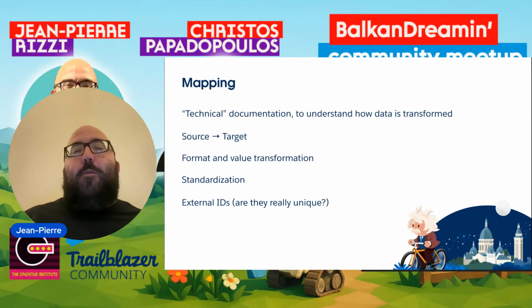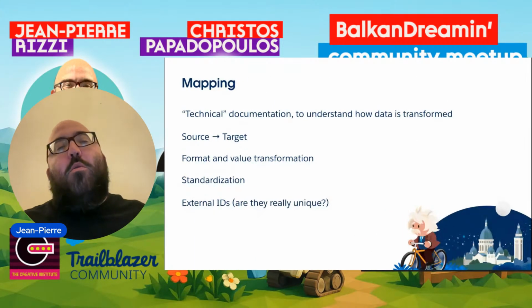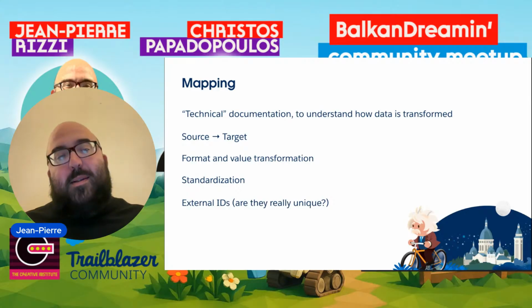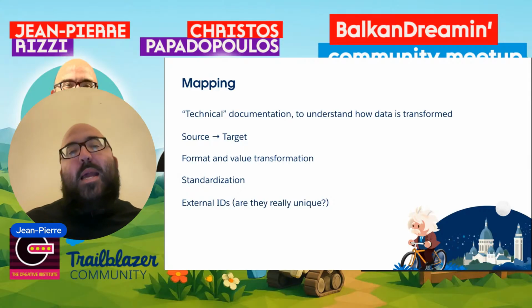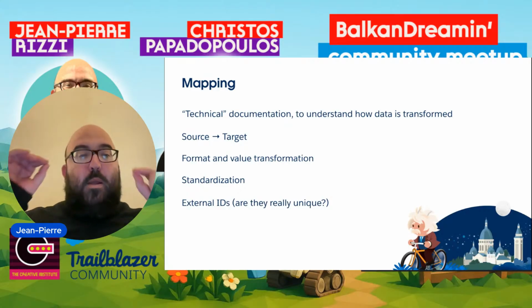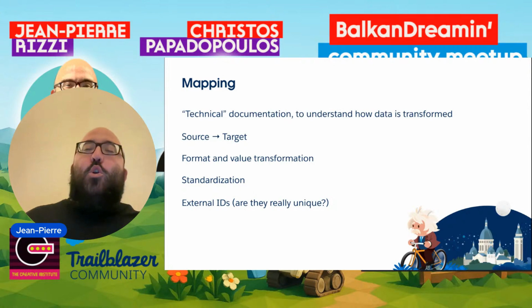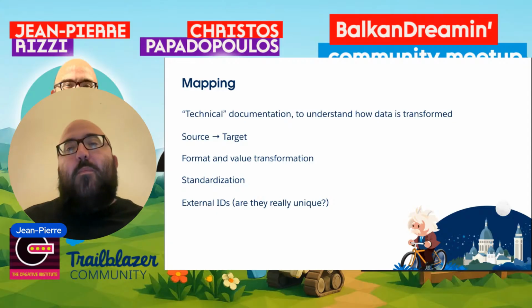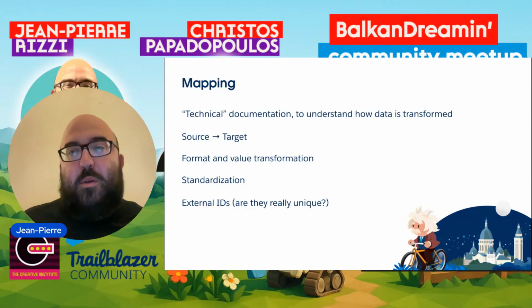So the mapping, for those of you who don't know, is about that technical documentation to understand how your data is going to be transformed. You're going to have your source fields in one column and your target fields in another. And then you want to make sure that the fields actually match each other, especially in terms of format and potential value transformation.